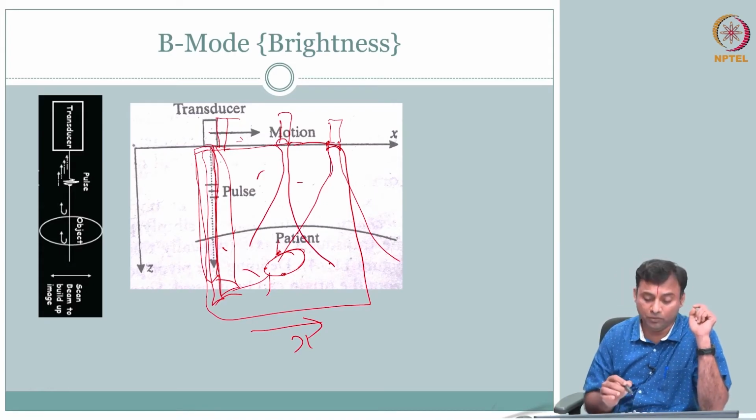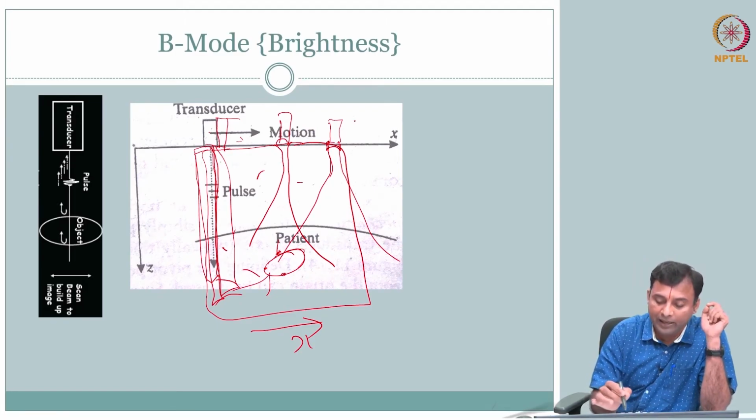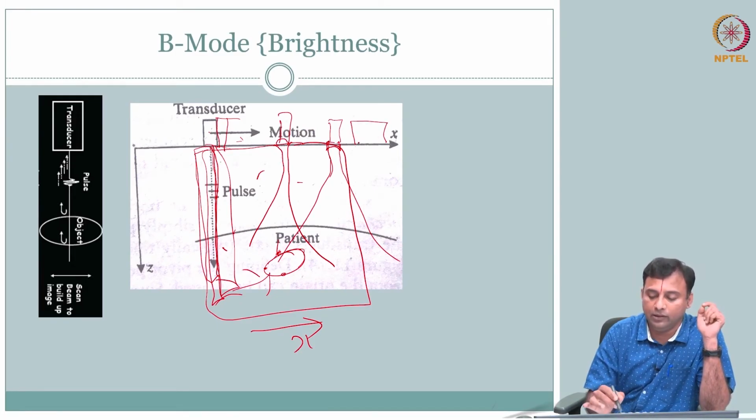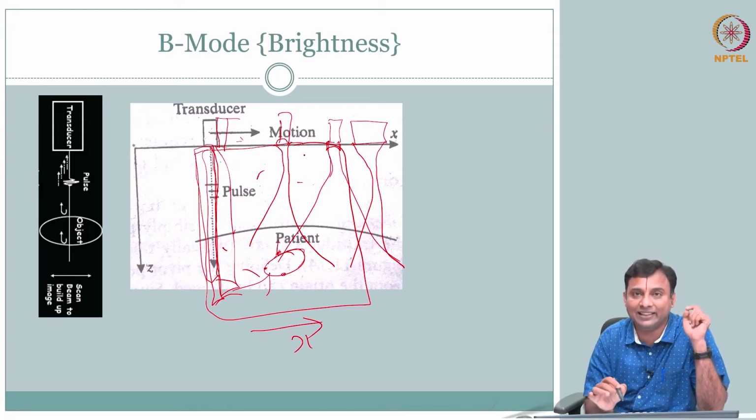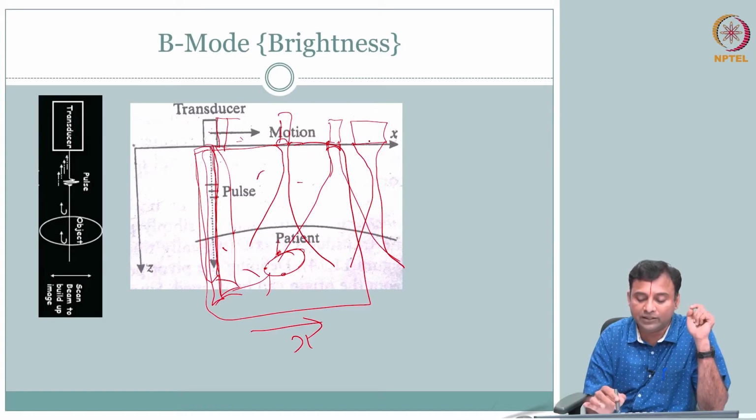Then you might say, if this is the case, maybe I can have a bigger transducer element, which will probably allow me to have a narrower beam. But if I step in the lateral direction, I still have to step as finely as possible, and anything finer than this beam width is not going to help. This is the narrowest.